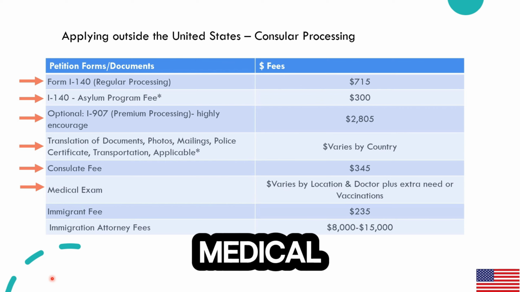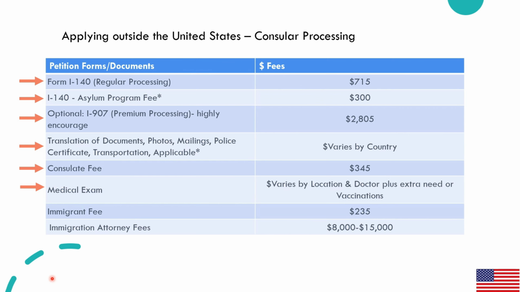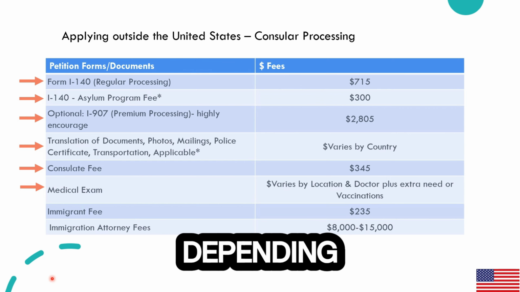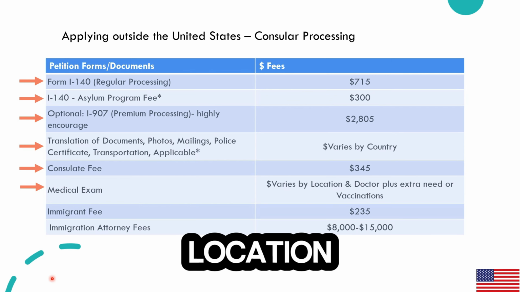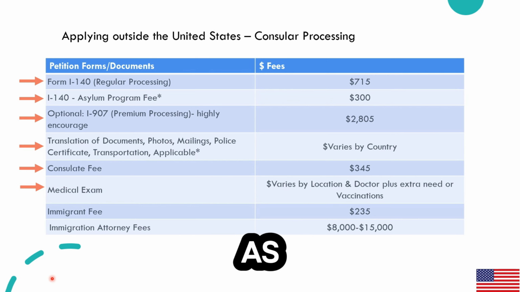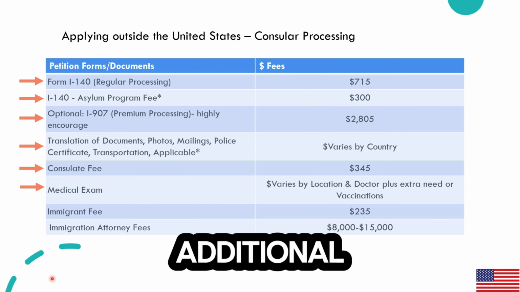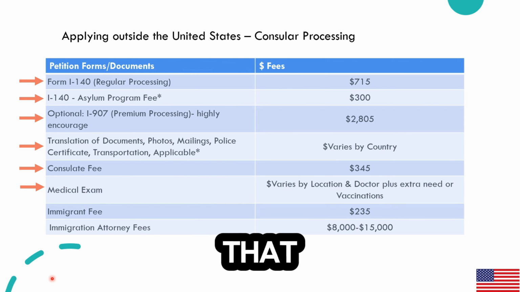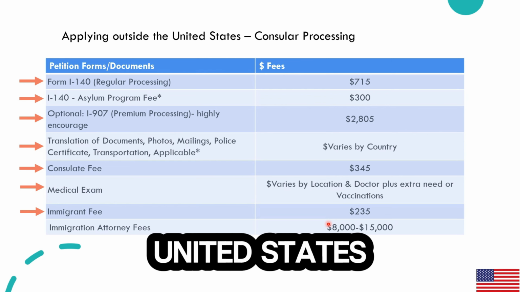The cost for the medical exams will also vary significantly depending on your home country, your location, and the doctor, as well as if there may be the need for additional vaccinations or tests. Once your visa is approved, you will need to pay an immigrant fee of $235. This fee covers the cost of processing your green card once you arrive in the United States.